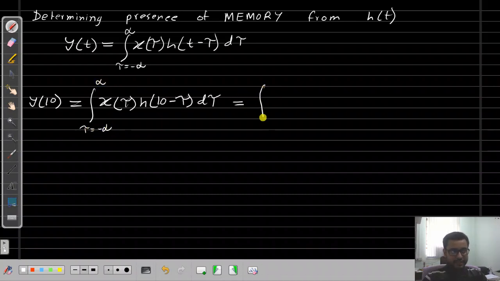Then you write it as a sum of 3 integrations like this.